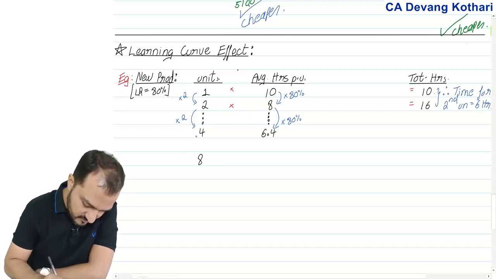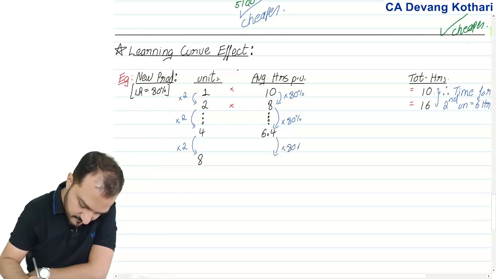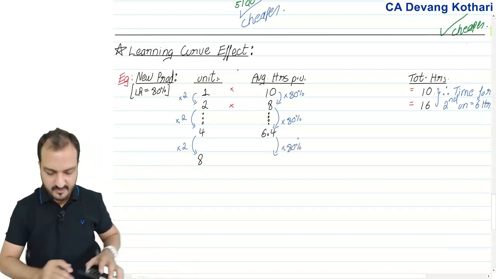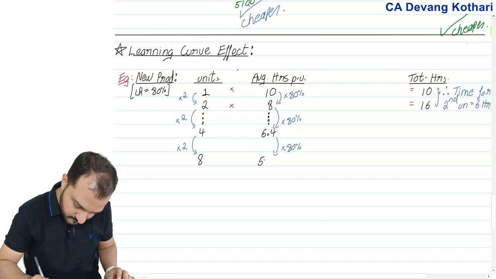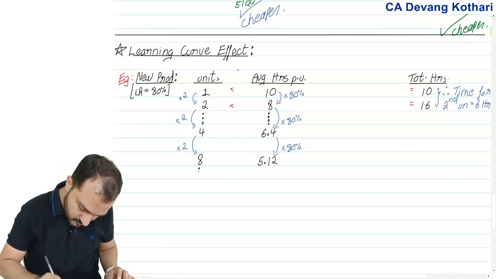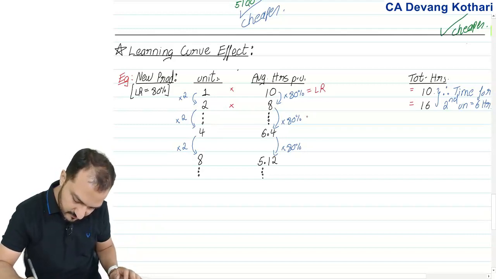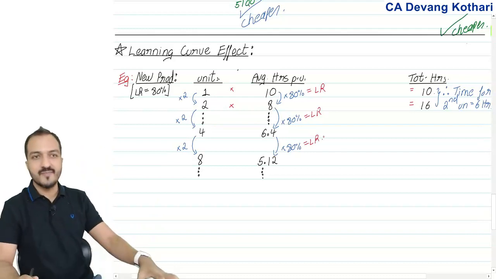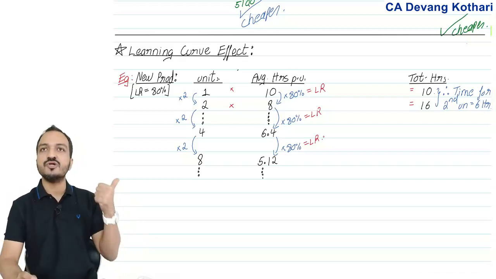So from 4, if it doubles to 8, the average hours will become 80% of the previous: 6.4 into 80% is 5.12. And so on. This rate of 80% is called the learning rate. In short, the effect of learning is measured in terms of such a learning rate.